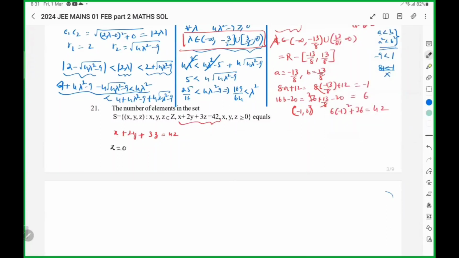Z you take 0, x plus 2y will be 42. X will be 42 minus 2y. If x1 to xr sum is n, with r variables and sum n, here all x1 to xr are greater than or equal to 0 as well as integers.